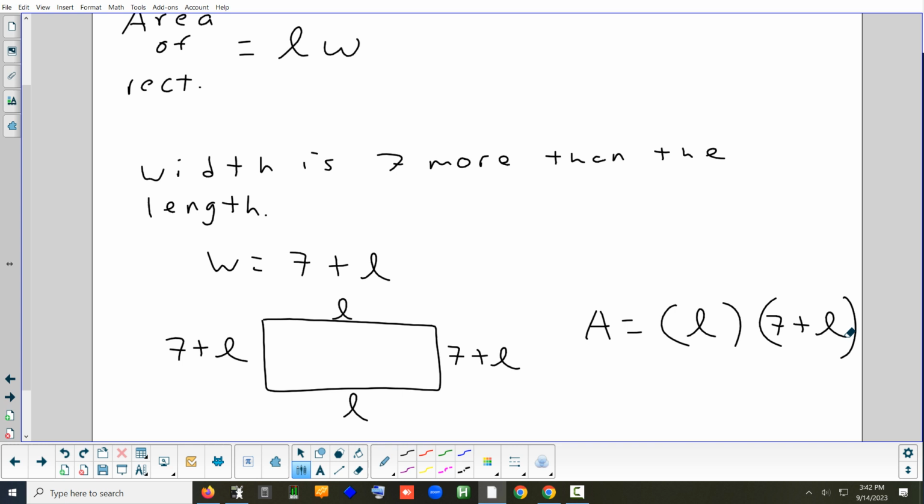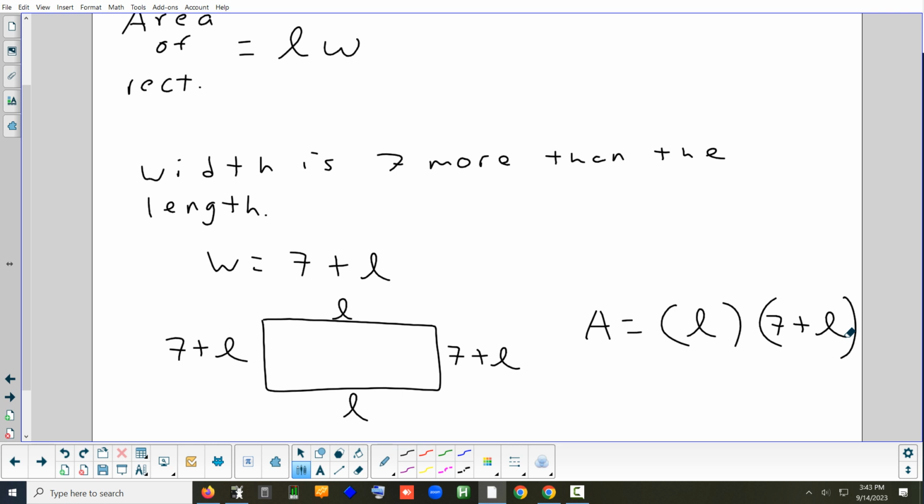If you understand that, then that's a big part of the rectangle problem. Being able to translate a sentence into an equation and knowing what the formula for the area of a rectangle is, you should be okay. And then you'll end up with an equation eventually that you're going to have to solve.